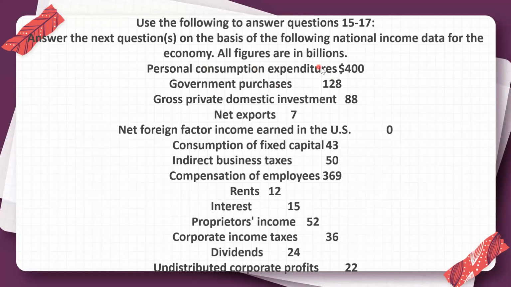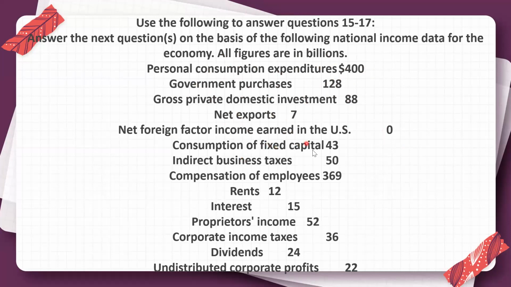Personal consumption expenditure equals 400 billion. Government purchase equals 128. Gross private domestic investment equals 88. Net exports equals 7. Net foreign factor income equals 0.